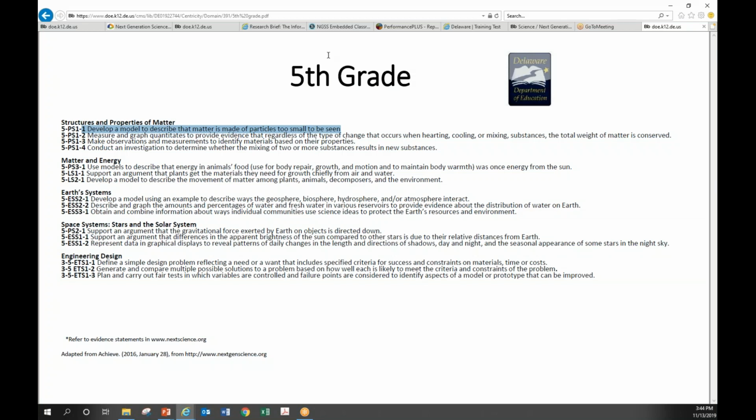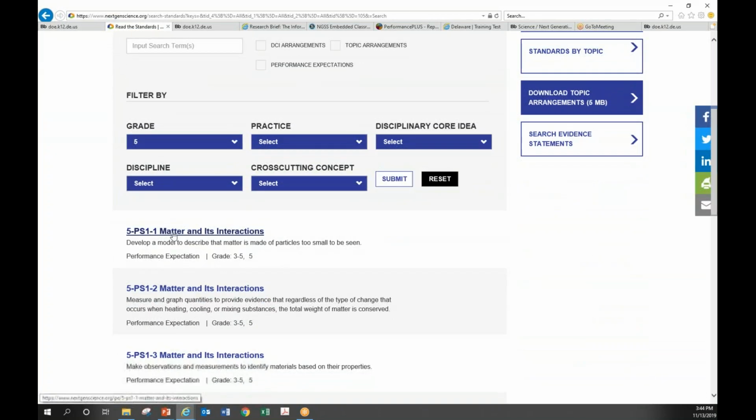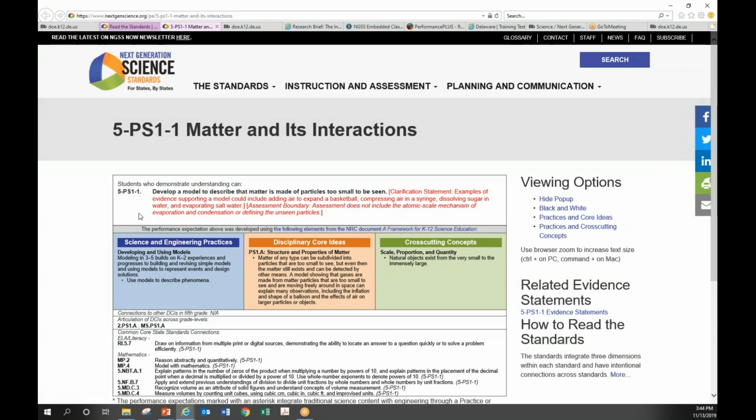And to understand that and to see it in more detail, one may want to go to, here we go, the Next Generation Science website, which is also available on our webpage. And teachers can see that in more detail here. So you notice that on the DOE website, it outlines just what standards are you responsible for in 5th grade.